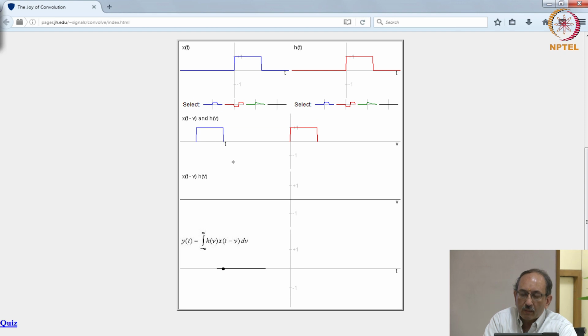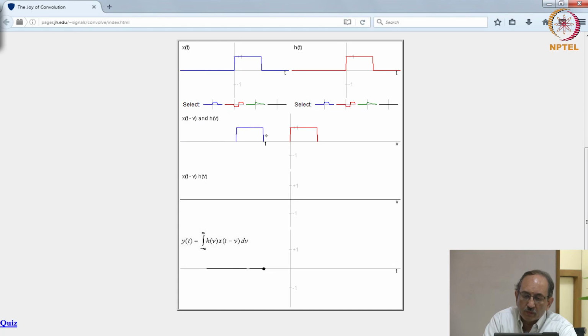All right, and this third panel is going to show the product. Right now there is no overlap, therefore the product is 0. The last panel is going to show the area under the product, and if you look at this dot here, that is aligned to this t.